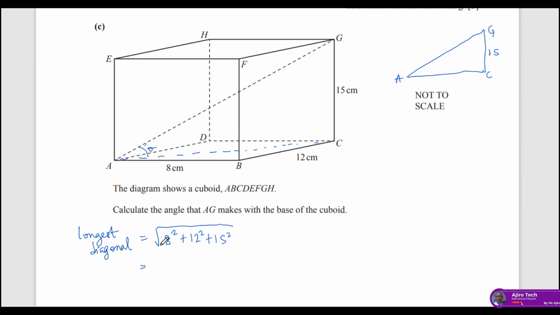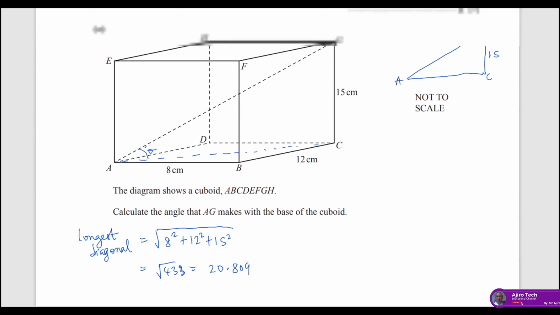That should be the square root of 433, which is 20.809.